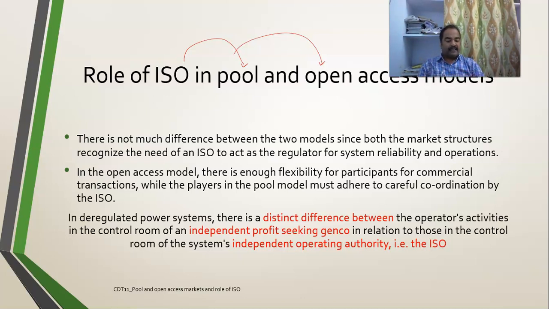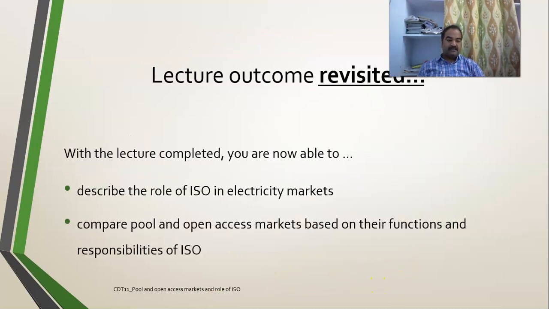So in deregulated power systems, if you carefully see, there is a distinct difference between the operator activities in the control room of an independent profit-seeking GENCO in relation to those in the control room of the independent system operating authority, the ISO. So there is a very clear difference between the operations of a GENCO and an ISO. It depends upon the markets, which we will see in the next lectures.